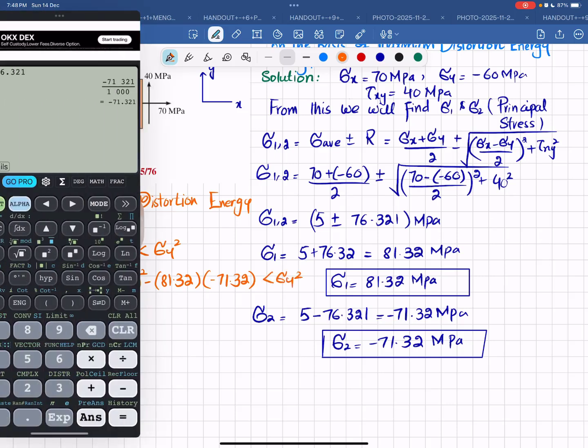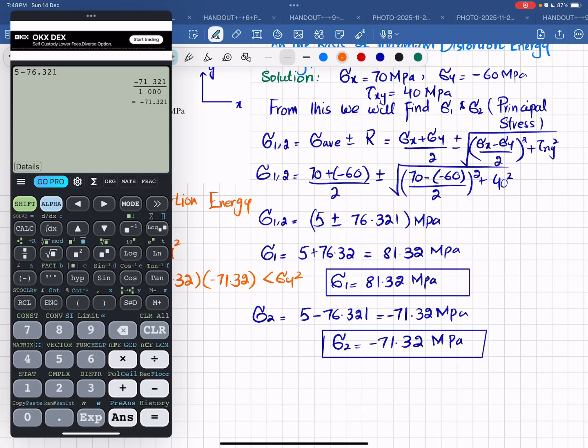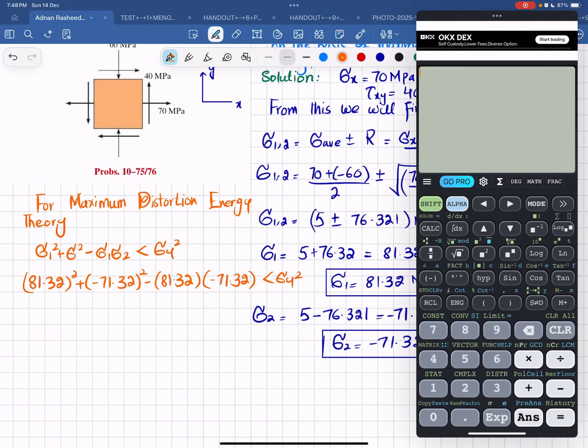Okay, so I will move this calculator toward this. So here you can see I have 81.32 square plus minus 71.32 whole square minus 81.32 multiplied by minus 71.32, and we will close the bracket.